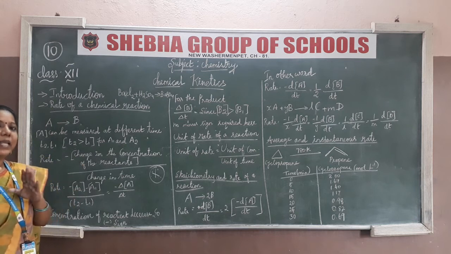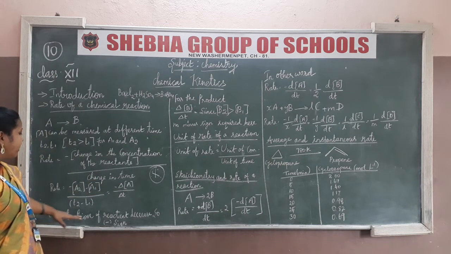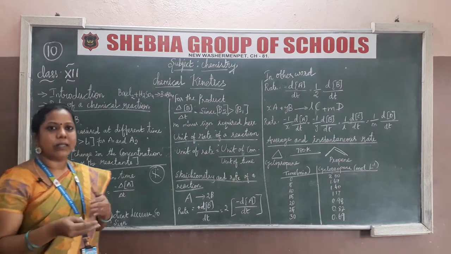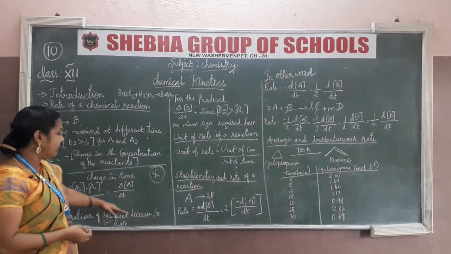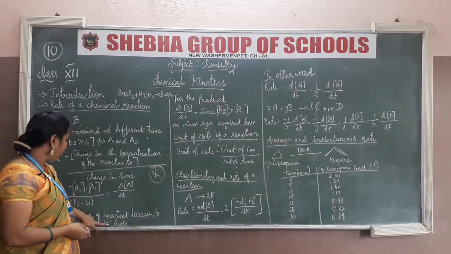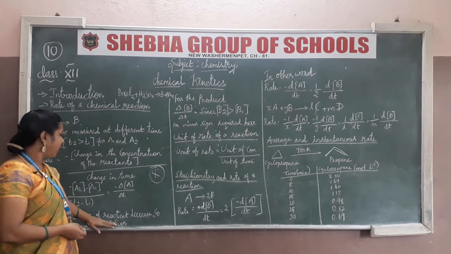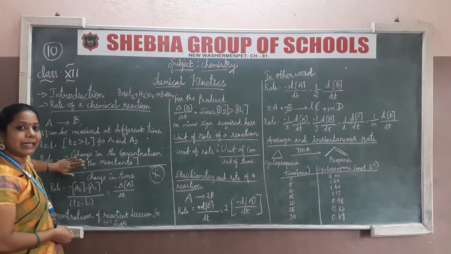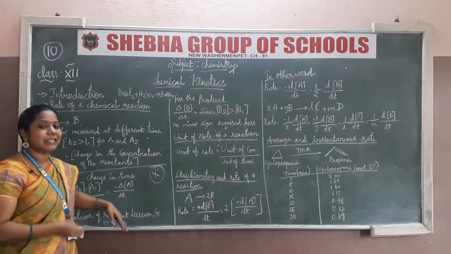Change of means delta, I mean that is simple. So the concentration of reactants decreases. Obviously if any reaction is happening, automatically the concentration will decrease. So I am going to mention the negative sign. Okay, so the rate of reaction always comes with the negative sign. Why? Because the concentration of reactants decreases.